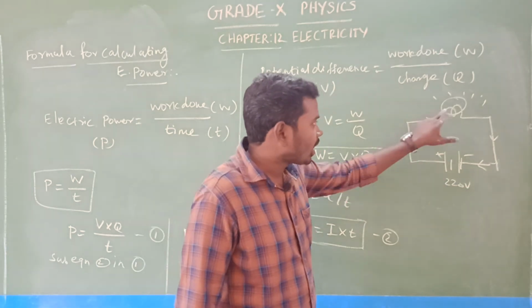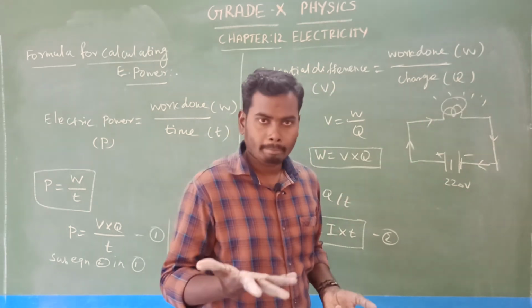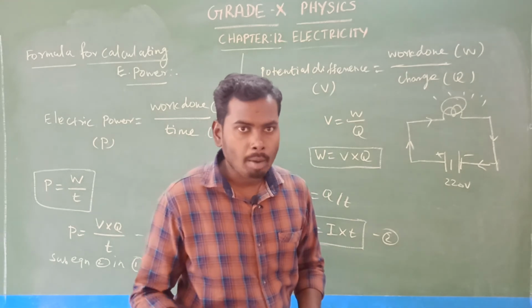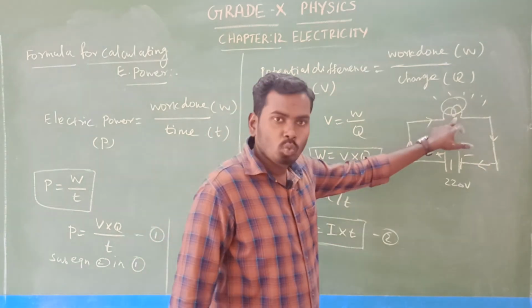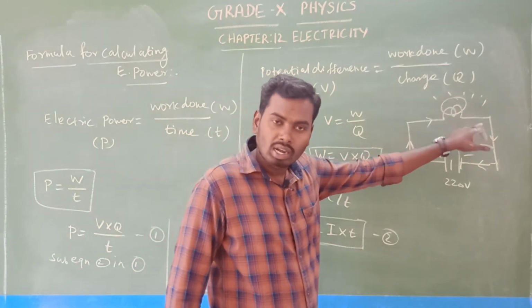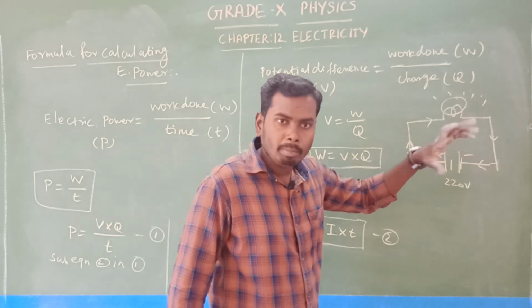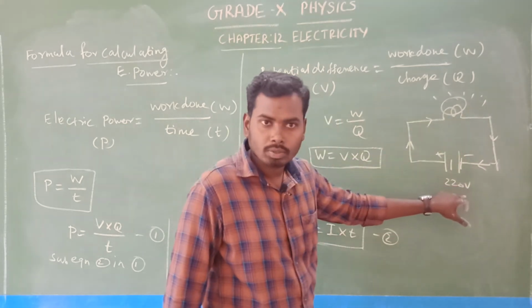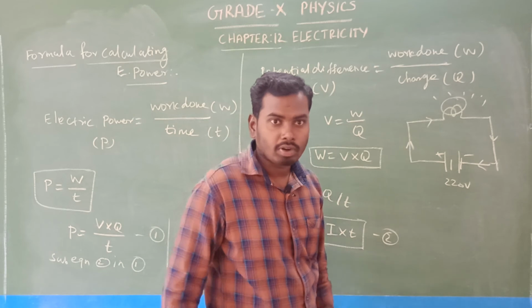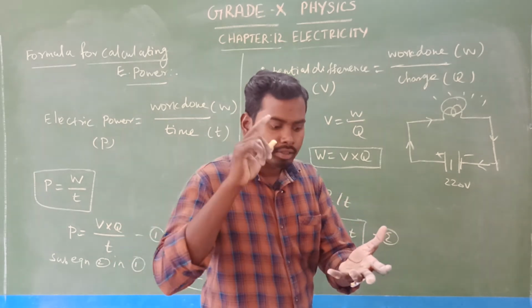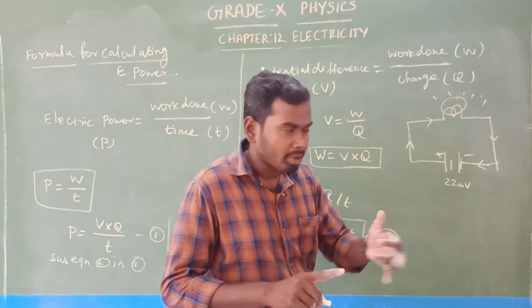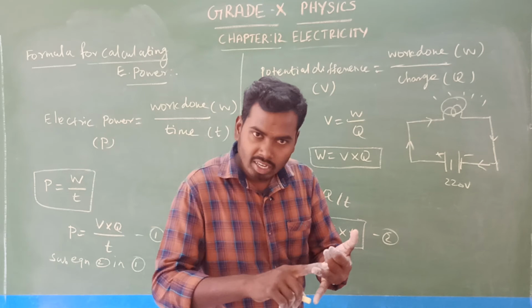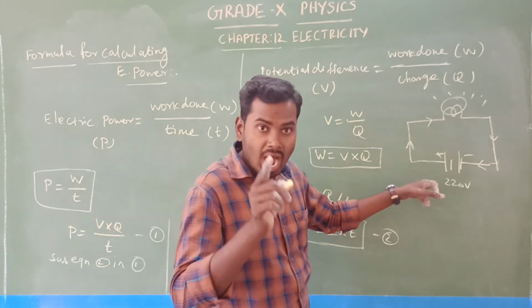Due to current, the bulb glows. Here the bulb converts the electrical energy into light energy. So the bulb is glowing because of current. So there is some relationship between the power, because the bulb has power, and the potential difference and the current.